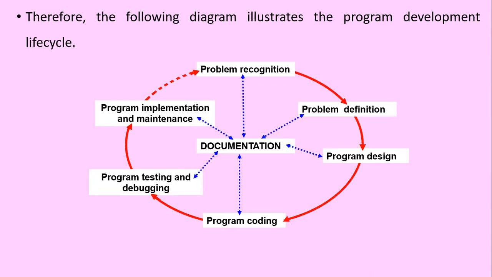Therefore, the following diagram illustrates the program development life cycle. Just as I have said, documentation is an activity that is supposed to be done at each and every stage, and therefore, whereas certain authors or certain individuals may claim that documentation is supposed to be a step or a phase by itself in the program development life cycle, it is important to note that the best documentation is done at each and every stage.